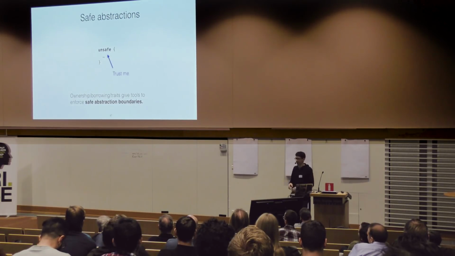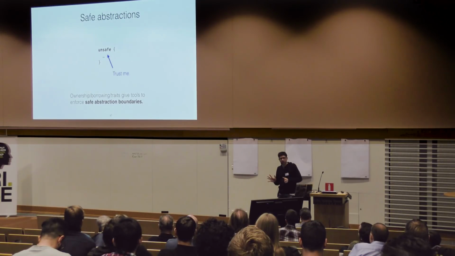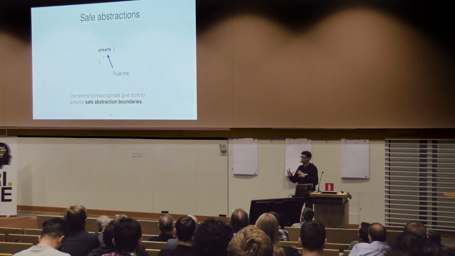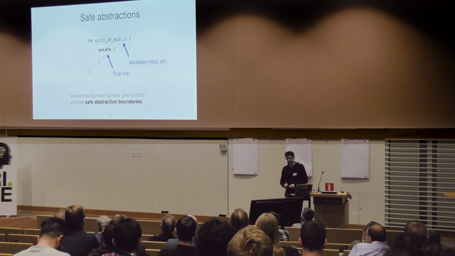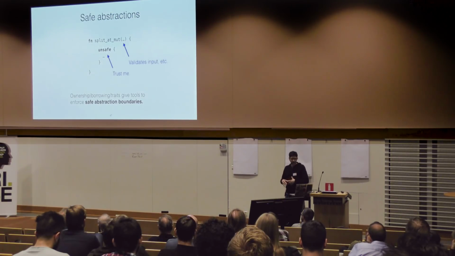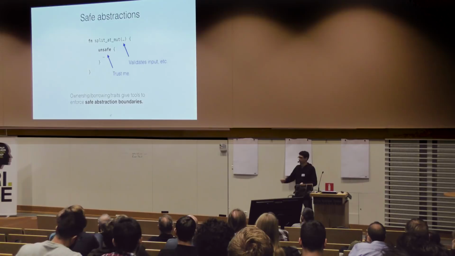It basically says, hey, trust me, I got this, and it gives you access to a couple of extra features that you don't normally get to use in Rust, a sort of superset of Rust, which is effectively C in Rust syntax. You get raw pointers in particular. And the idea isn't that you sprinkle this wherever you're having a problem, you just turn off the safety checks. The idea is that you write a boundary around it that has a safe interface, right?